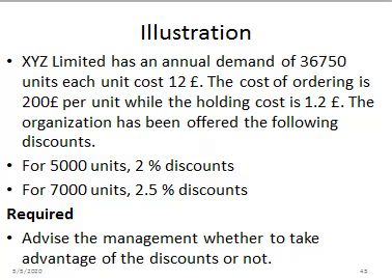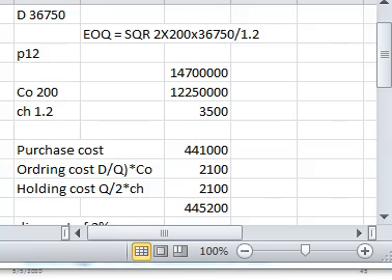So let's look at this illustration. Our demand is 36,750 and our price is 12. Our ordering cost, which I abbreviated as CO, is 200, and our holding cost, which I abbreviated as CH, is 1.2.